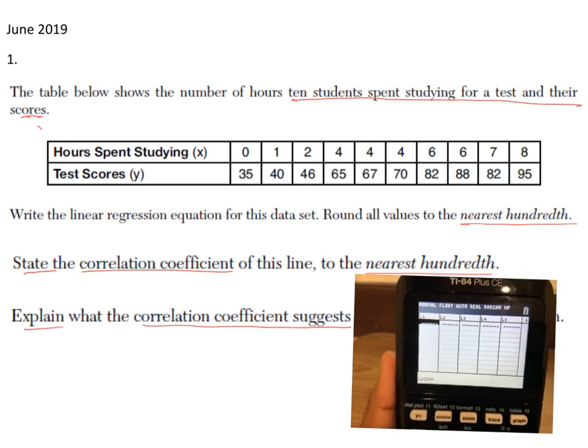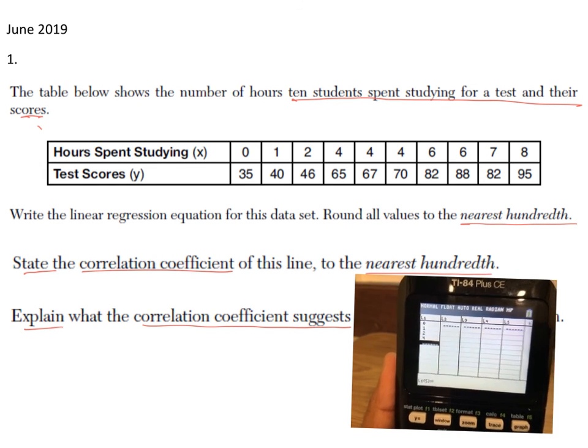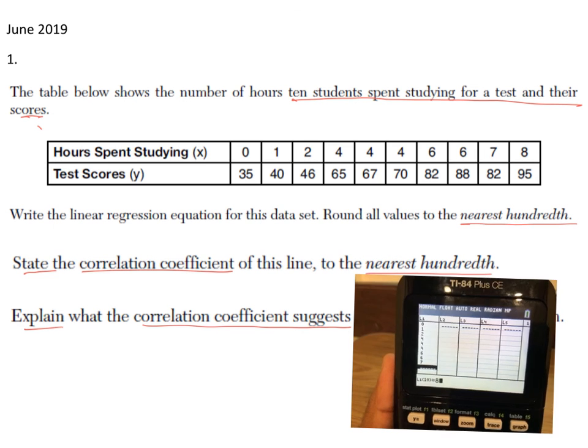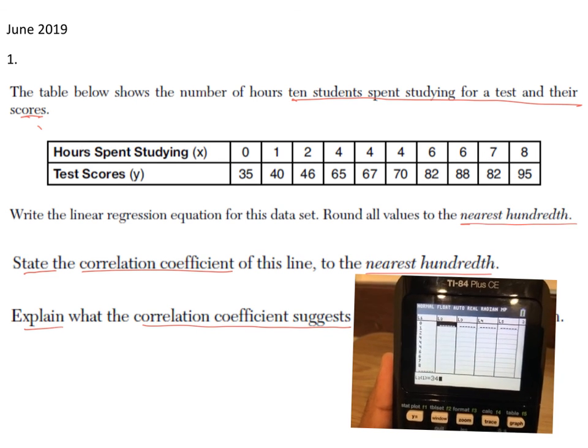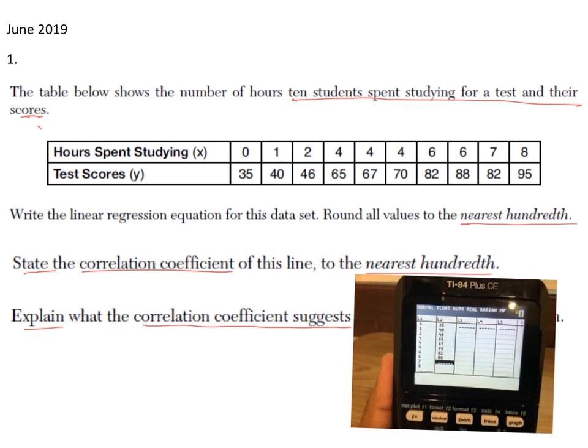Okay, let's plug all these values: 0, 1, 2, 4, 4, 4, 6, 6, 7, 8, and then 35, 40, 46, 65, 67, 70, 82, 88, 82, 95.